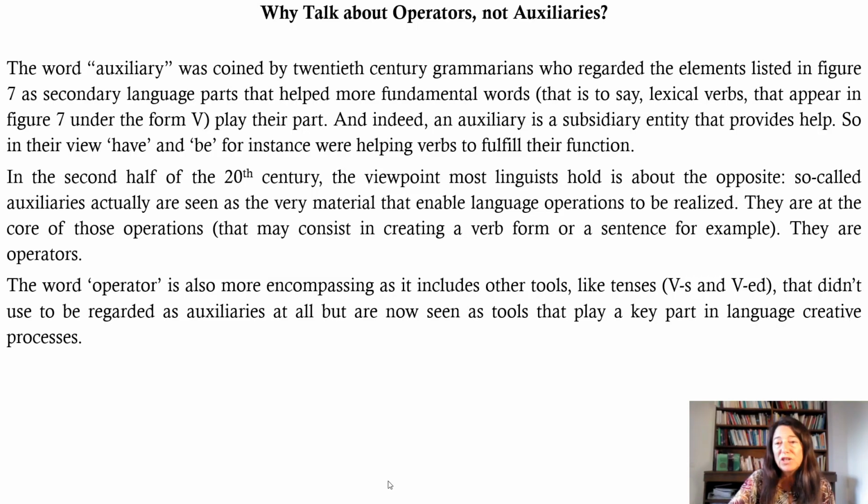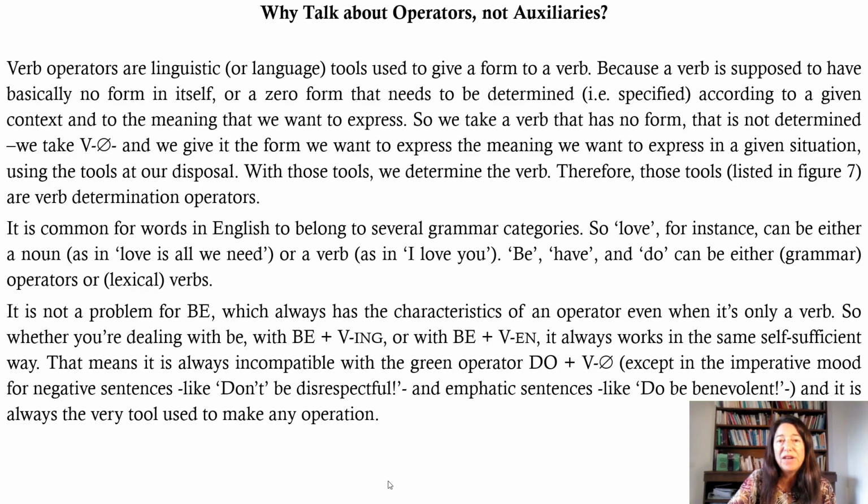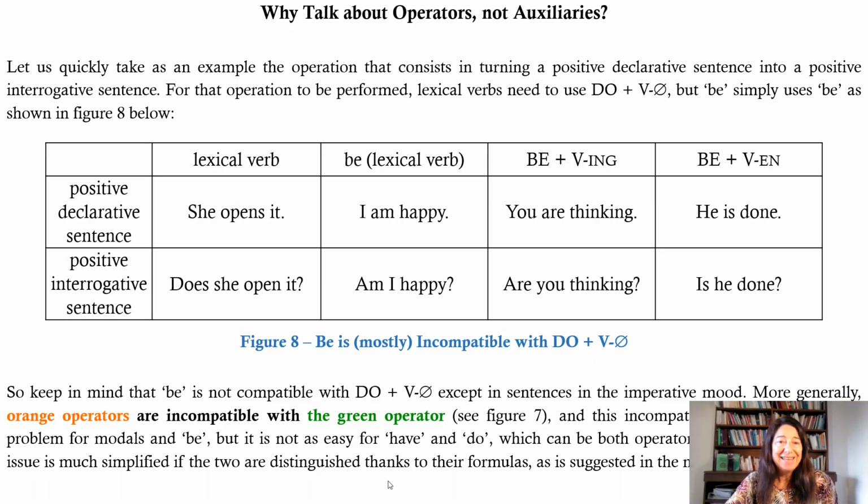So there's a switch in conceptions. The conceptions evolved, and so did the language. Operator means that we're referring to something, a tool that we regard as playing an essential part. That's the point that is reminded in the book on the verb equation.